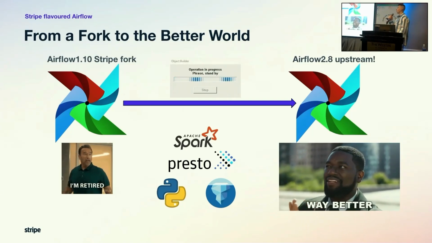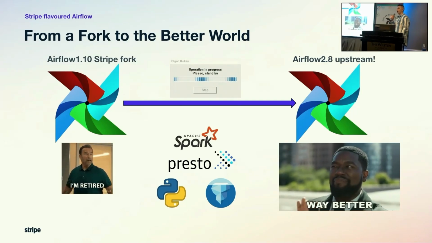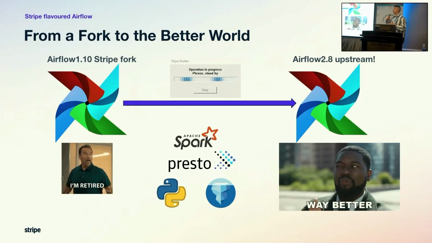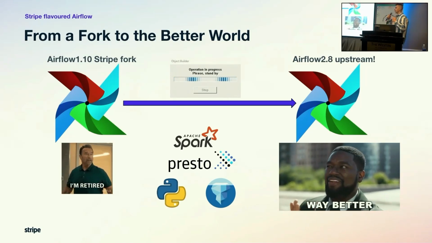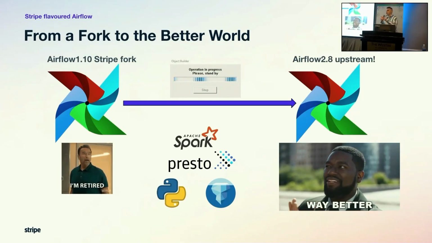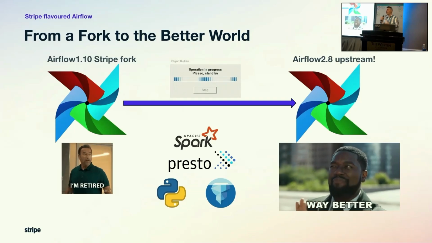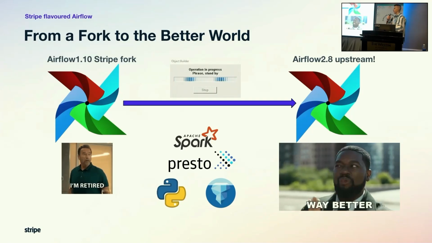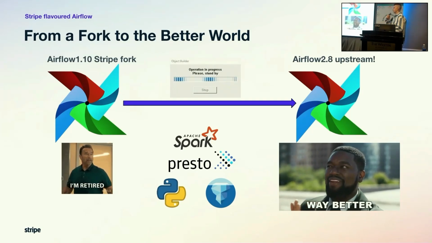However, right now we're in the process of migrating to Airflow 2.8 in order to align with upstream Airflow, stop building a lot of customization in-house, and start contributing to the community, improving Airflow and the whole ecosystem with all of you and bringing a lot of new features for our users internally.